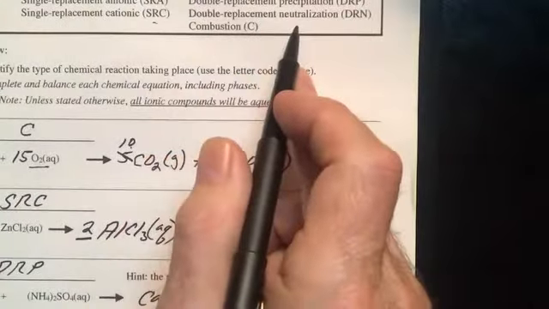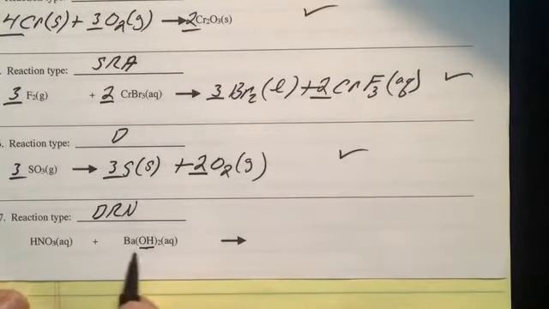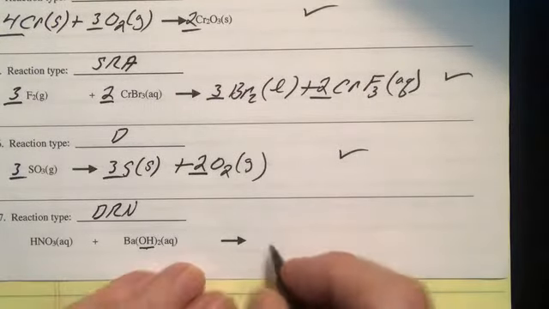You may have heard somewhere that an acid will neutralize a base, or maybe a base will neutralize an acid. So this is a double replacement neutralization. And in that, you're going to form an ionic compound, barium nitrate.